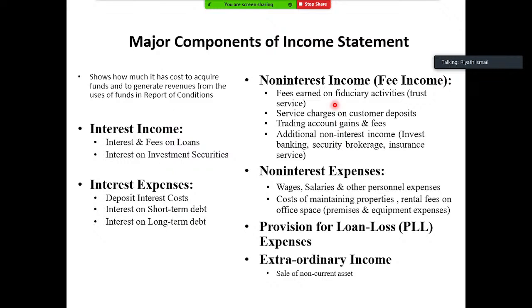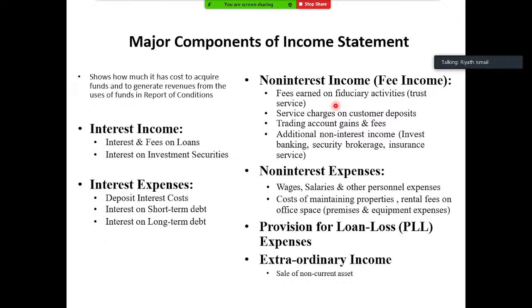And non-interest income. Other than interest income, banks sometimes have other sources of income. As we discussed, banks provide other services for a fee. Here, fees earned on fiduciary activities, trust services, future loan commitments, and letters of credit.